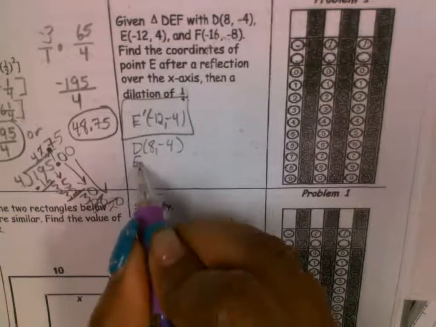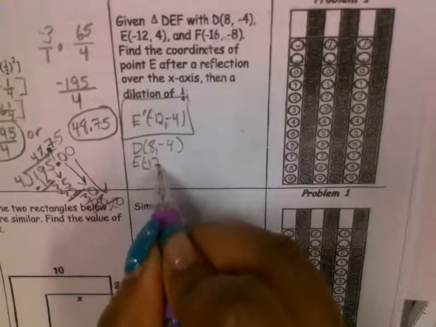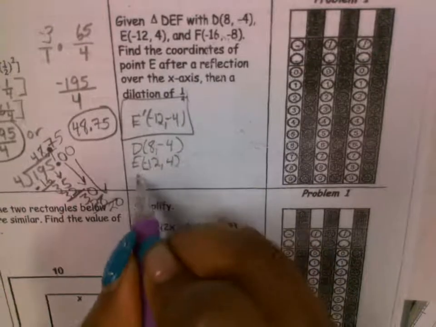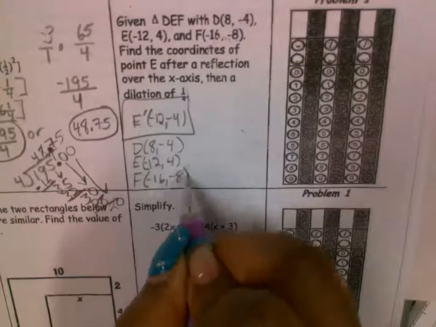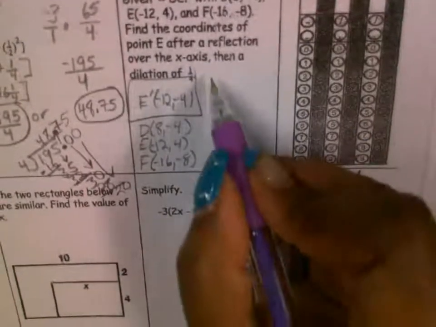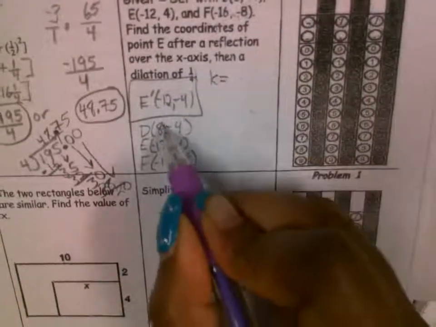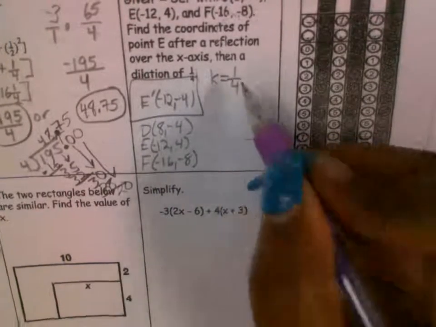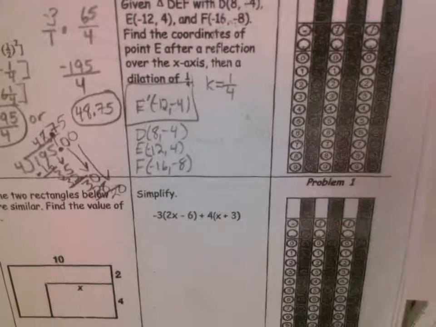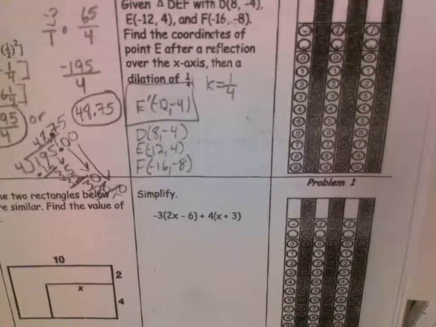We have E, which is -12, comma, 4. And we have F, which is -16, comma, -8. And we're going to multiply each of these X and Y values by 1/4, which is the same as dividing it by 4.